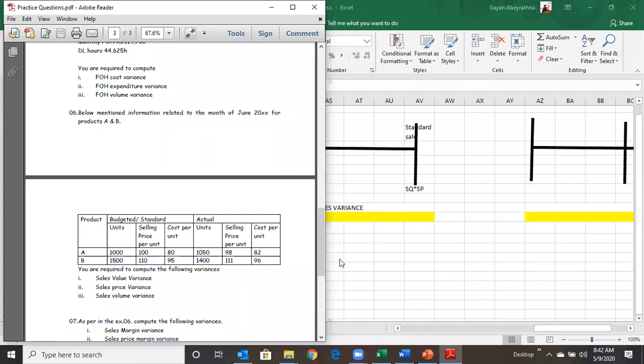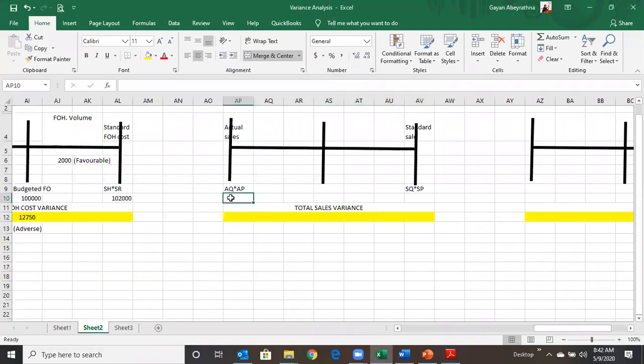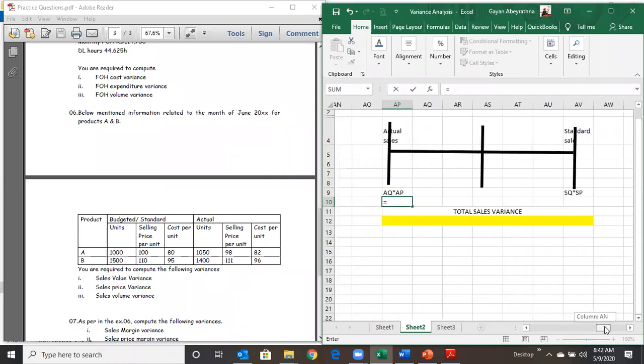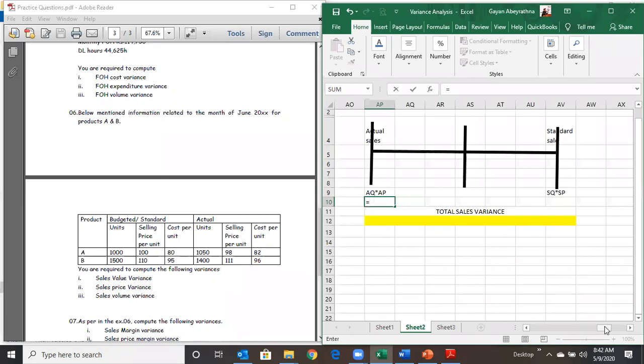Selling price per unit is 98. Then you can calculate actual sales income, 1,050 into 98.